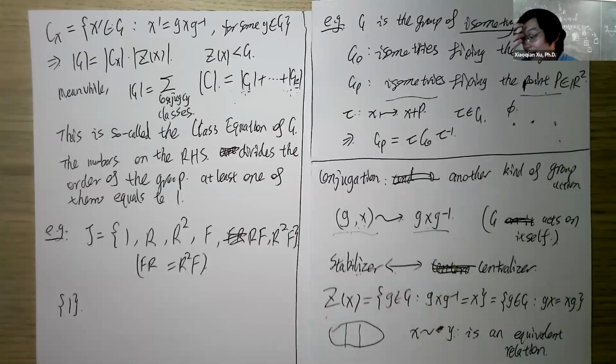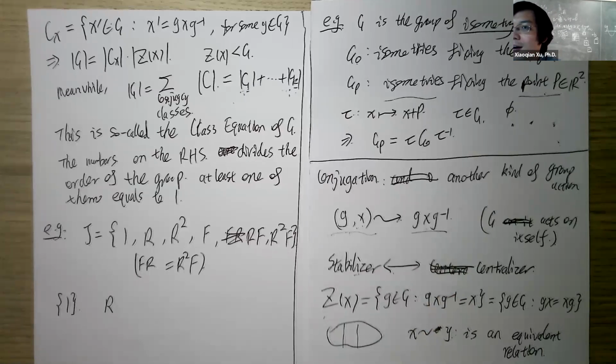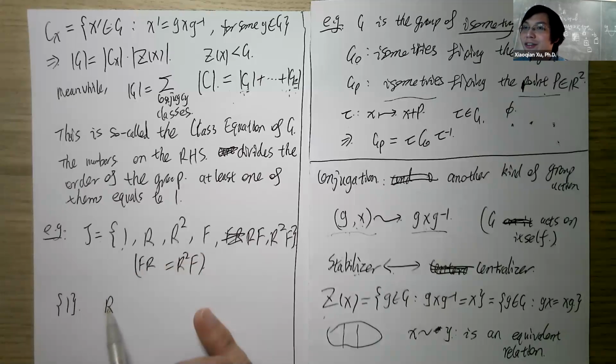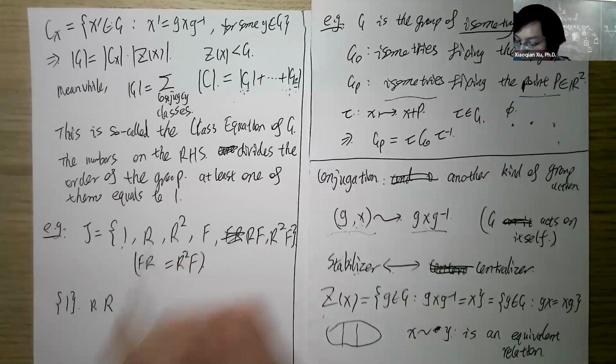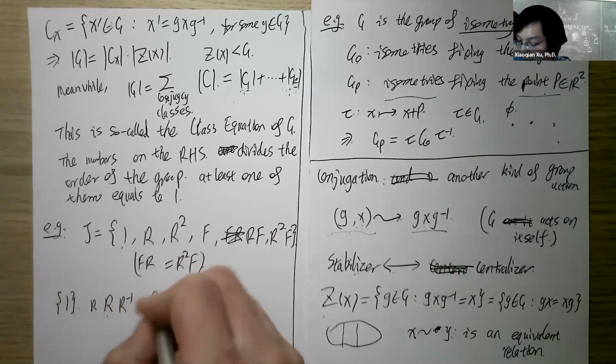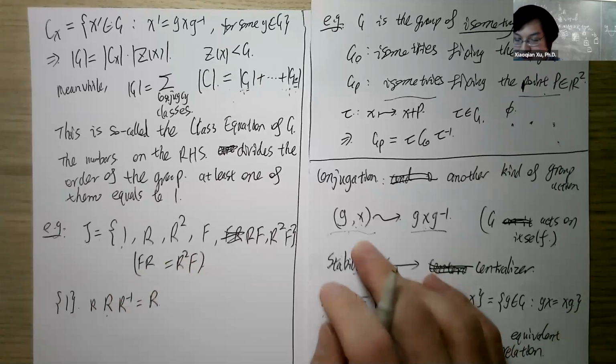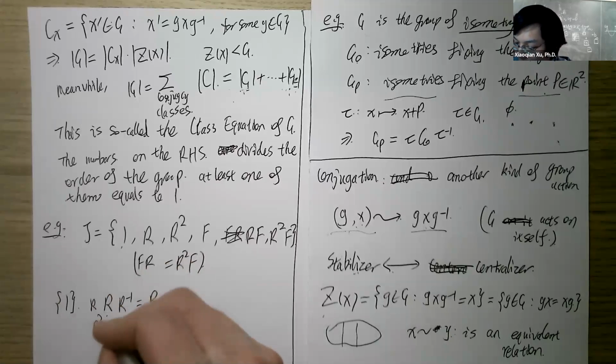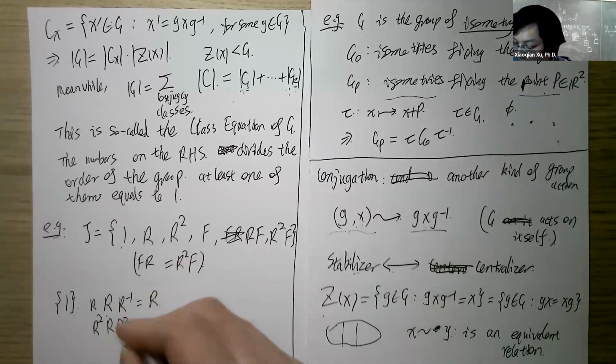Now let's see who is in the same conjugacy class of R. We need to use some element to do the conjugation of this R. For instance, with 1, the identity doesn't change R. If you use R to do the conjugation, you will go back to R. And what if you use R square acting on R?